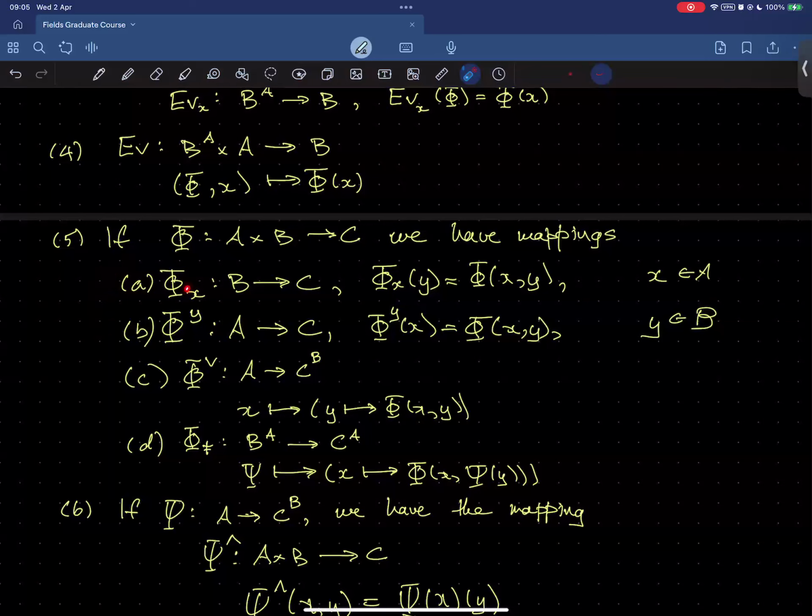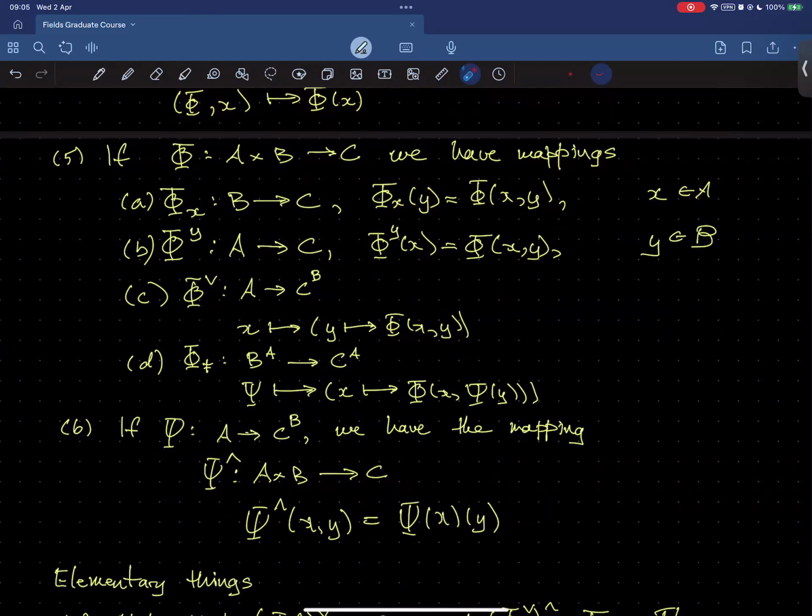You get a mapping phi sub X, obtained just by fixing the value of X in phi. So it's just defined by the simple formula. And similarly, if you fix some y, then you get this mapping, which is now a function of x. So those are simple ones.